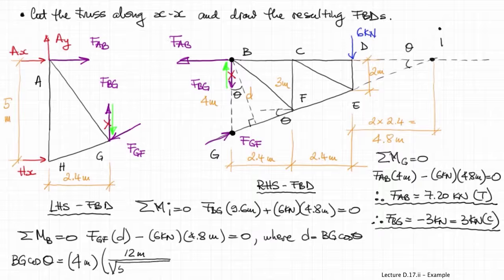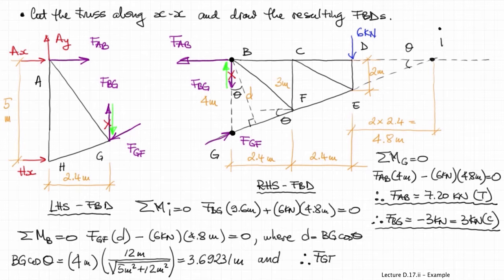BG is 4 meters long, and cos theta from the big triangle AIH is equal to AI, which is 12 meters, divided by HI, which we can calculate easily by applying Pythagoras in this big triangle AIH.